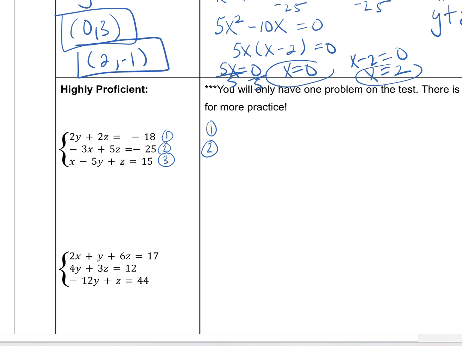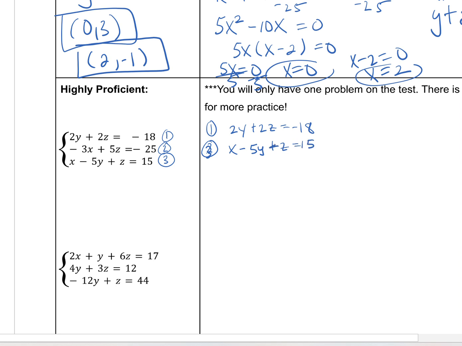So if I put 1 and 2 together, 1 and 3 together, and if I eliminate z, so 2y plus 2z equals negative 18. And then I have x minus 5y plus z equals 15.